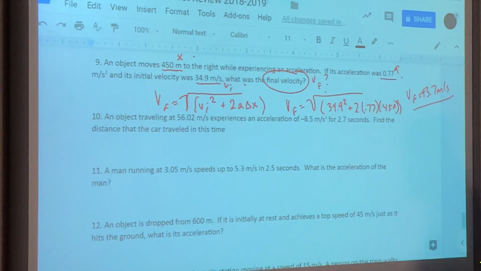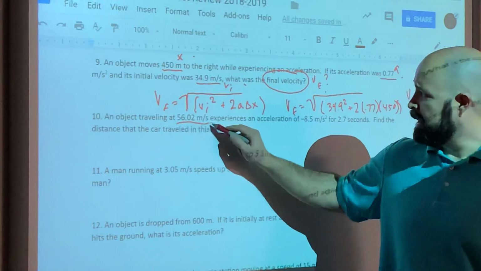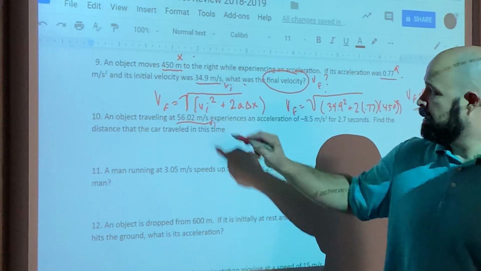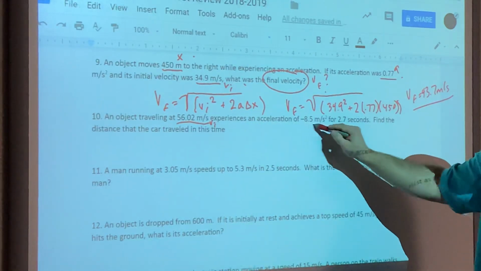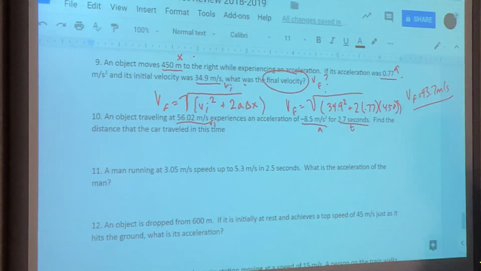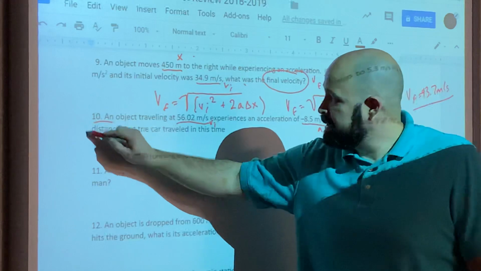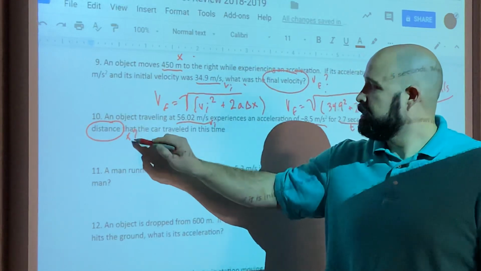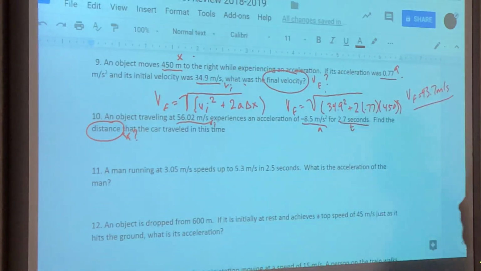Number 10 says that you have an object traveling at 56.02 meters per second. That's your initial velocity. It experiences an acceleration, that's your A, for 2.7 seconds is your time. And you need to find the distance, x, is what you're looking for, that the car traveled in that time.